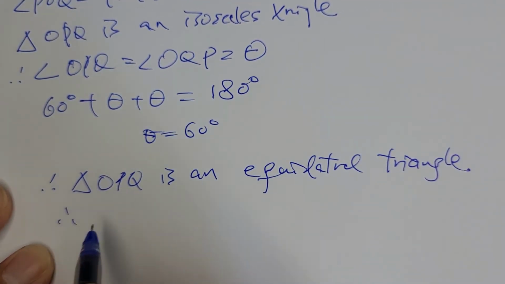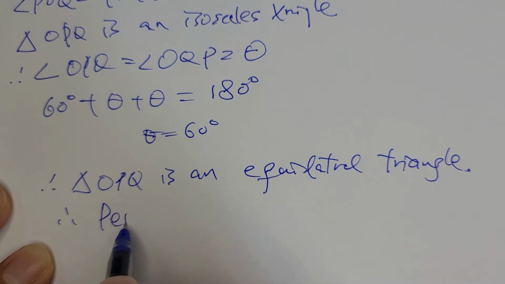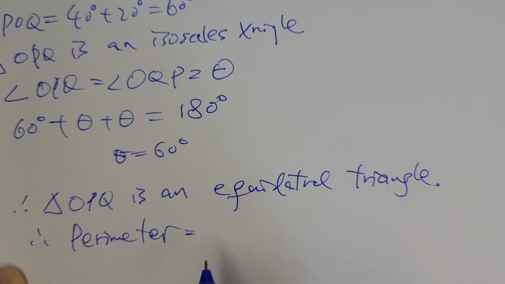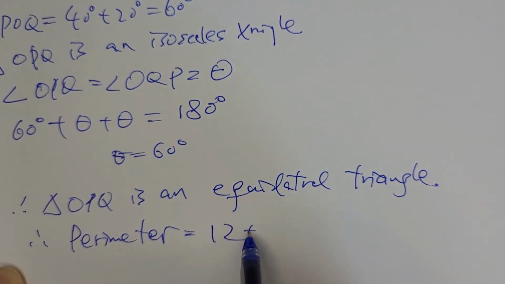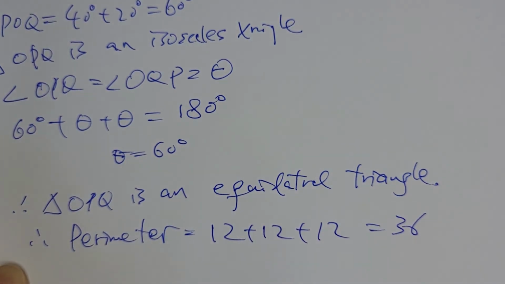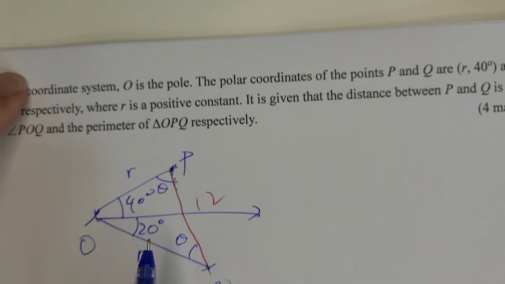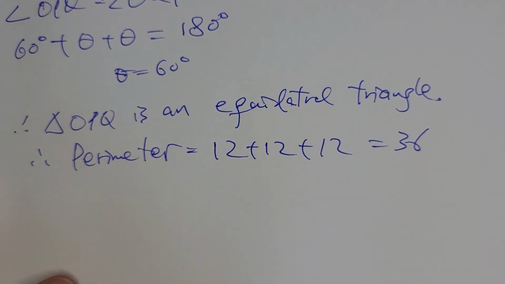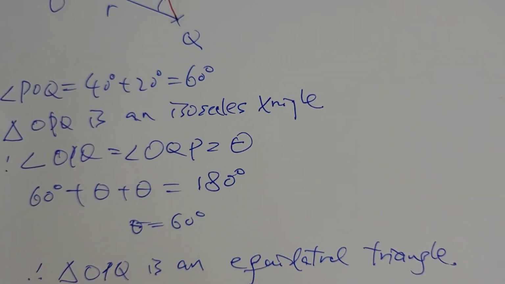And therefore, you can find perimeter is the sum of the three sides of triangle, okay? The whole total length. That is 12 plus 12 plus 12, that is 36. Because it's an equilateral triangle, so R also equals 12, okay? So that's finished for question number 6.